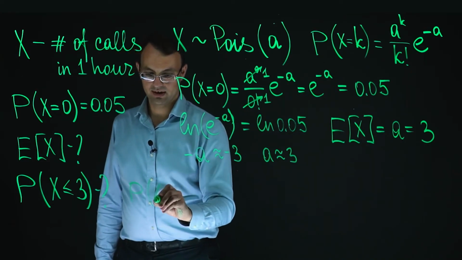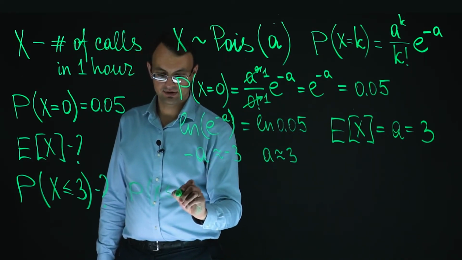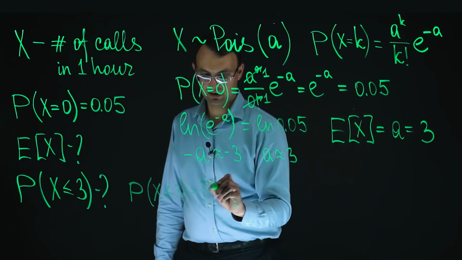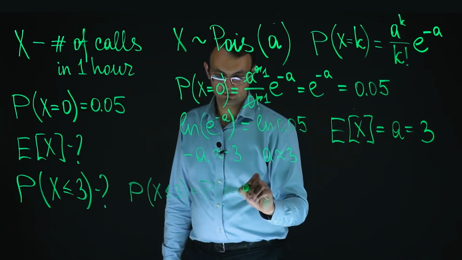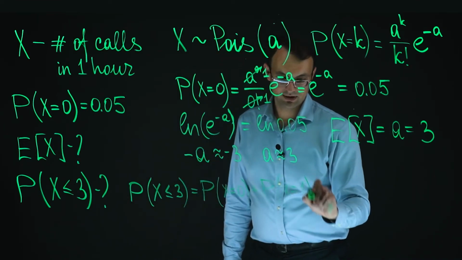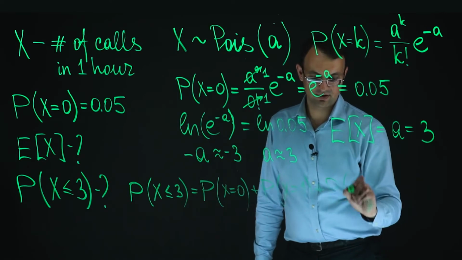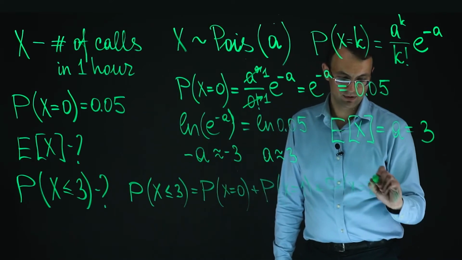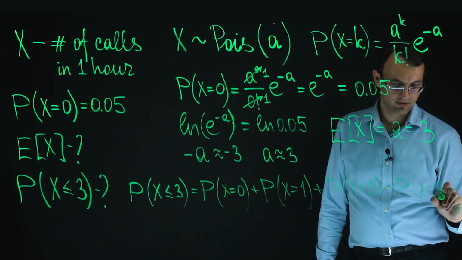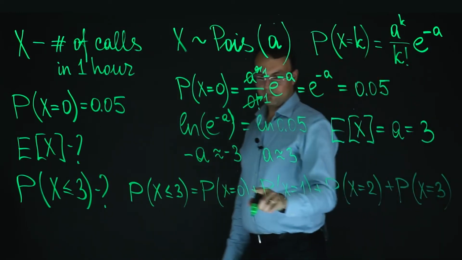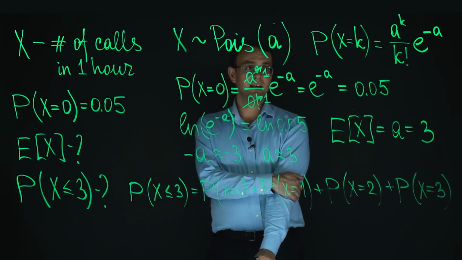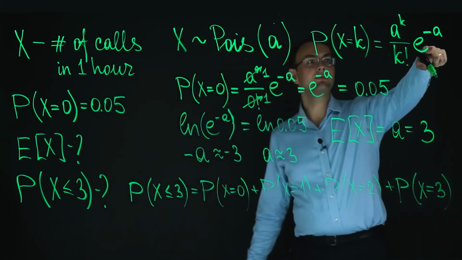Probability that x is less or equal than 3 is probability that x is 0 plus probability that x is 1 plus probability that x is 2 plus probability that x is 3. So it is a sum of 4 probabilities, and all of them can be found with this formula.